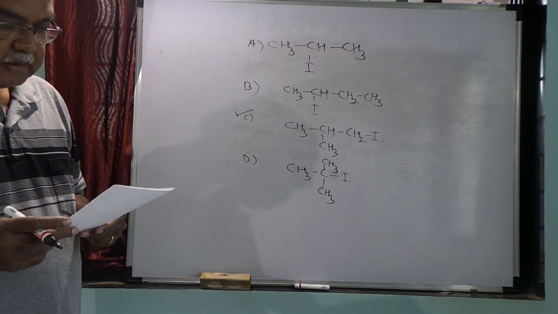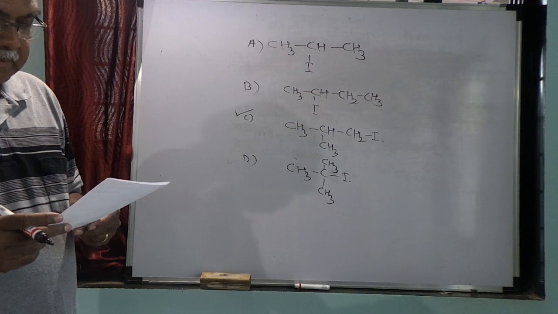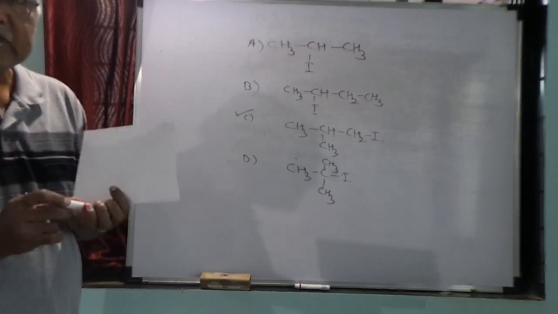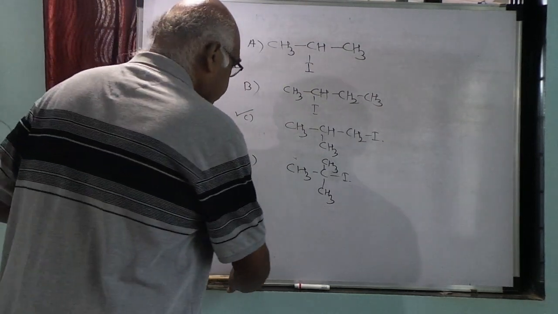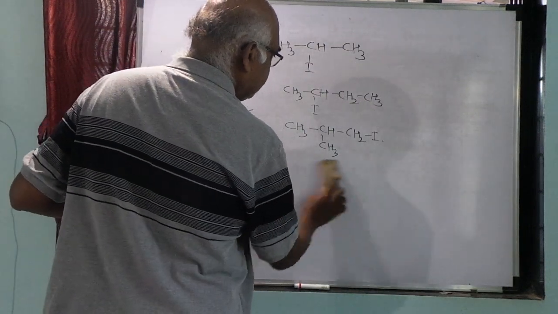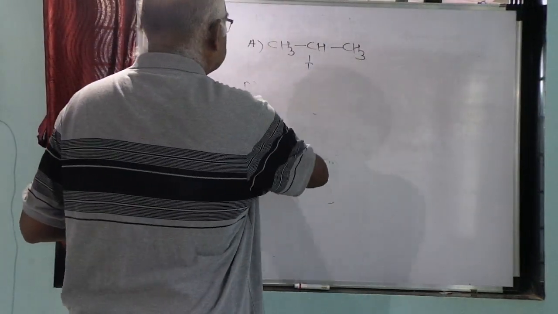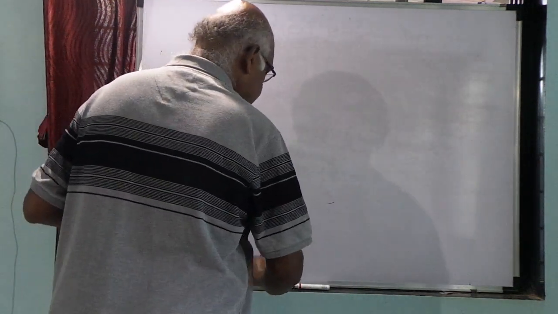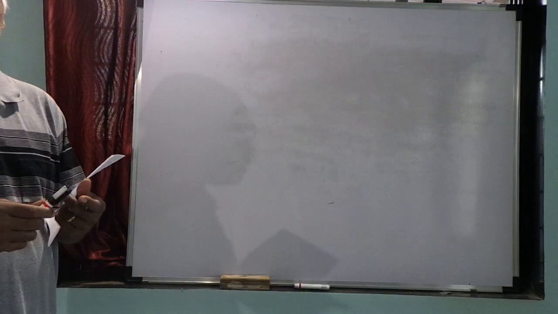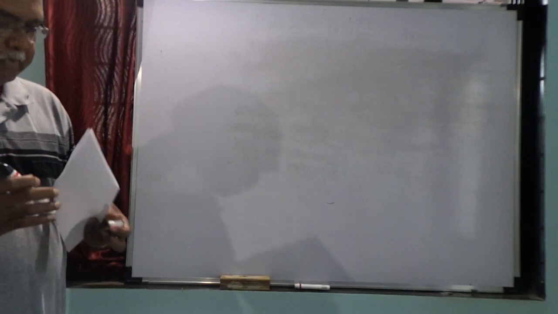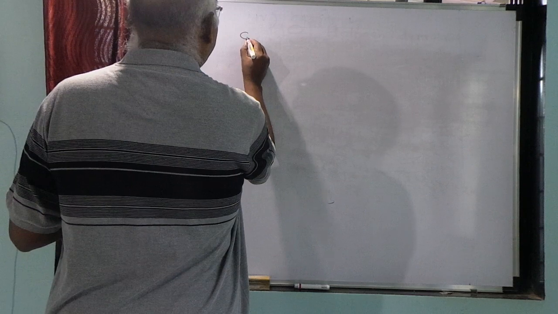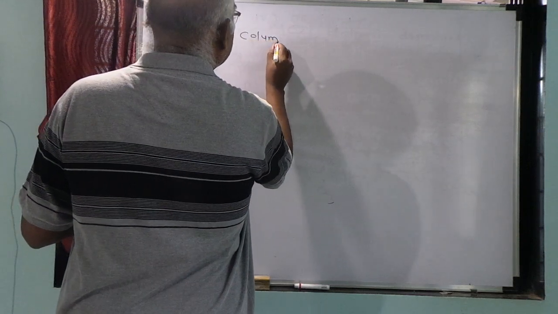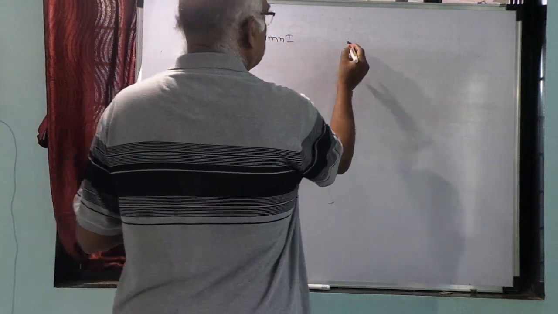Okay. Then one more question we'll see, and that particular question is match the following. Now this particular question can be asked for NEET or it can be asked for JEE. There will be two parts. The first part is column 1 and column 2.